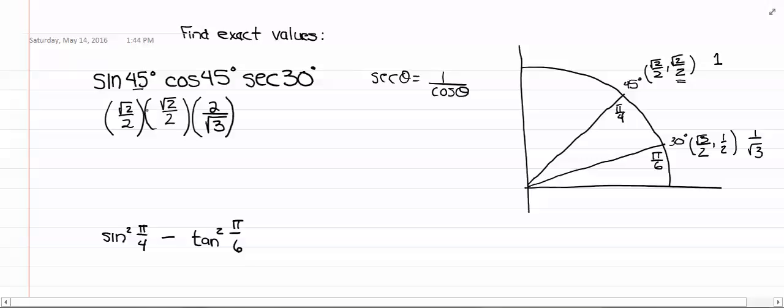So radical 2 times radical 2 is square root of 4, times 2 times 2 is 4, square root of 3. You can still simplify. The square root of 4 is 2. Alright, and then we have a 4 on top with a 4 on the bottom, which leaves me with 1 over radical 3.